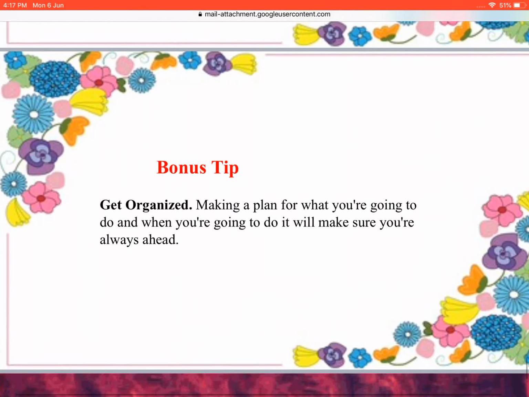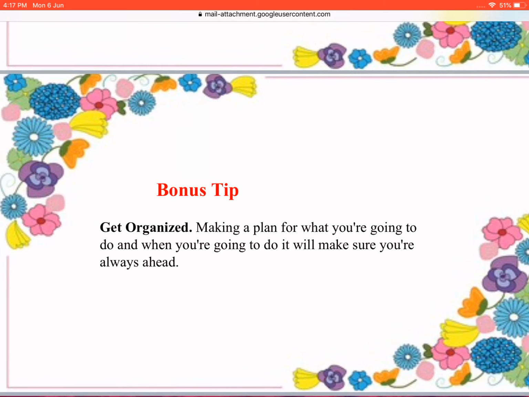Okay? Here comes the bonus tip for today, that you have to be organized. See, making a plan for what you're going to do and when you're going to do it will definitely keep you always ahead of your work, right? So try to be organized. I think right now everyone's summer vacations must be going on, right?